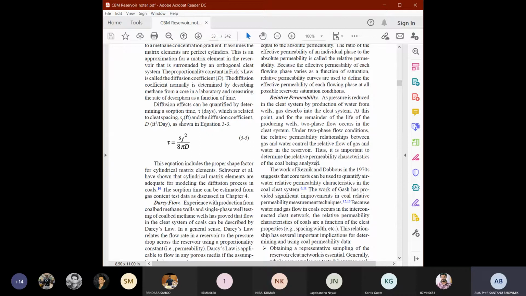But then, as these are two different phases, it is not only the permeability of the individual phase. That means it is not only the water permeability or the gas permeability that is important for the fluid flow, for the Darcy flow, if I say correctly.